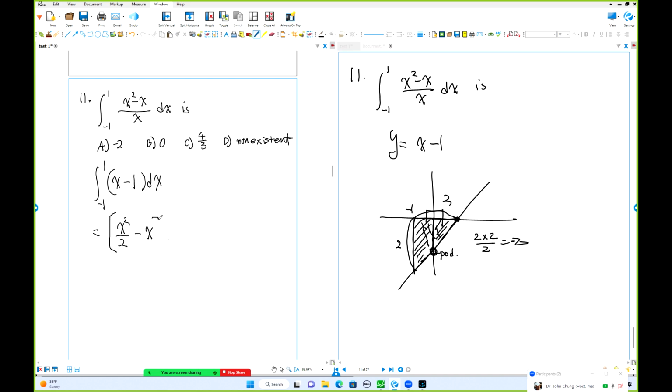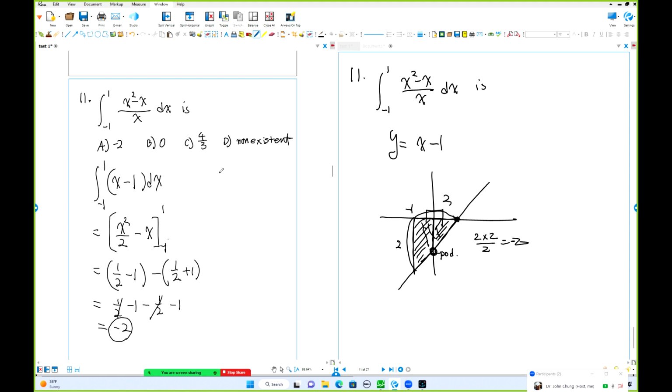Take the integral from negative 1 to 1. Put the number 1 there: 1 over 2 minus 1. And minus, put negative 1 there: negative 1 squared is still 1 over 2, plus 1. So 1 over 2 minus 1 minus 1 over 2 minus 1. The halves cancel out, and we still have negative 2, right? Okay, there's no contradiction. Is it okay?